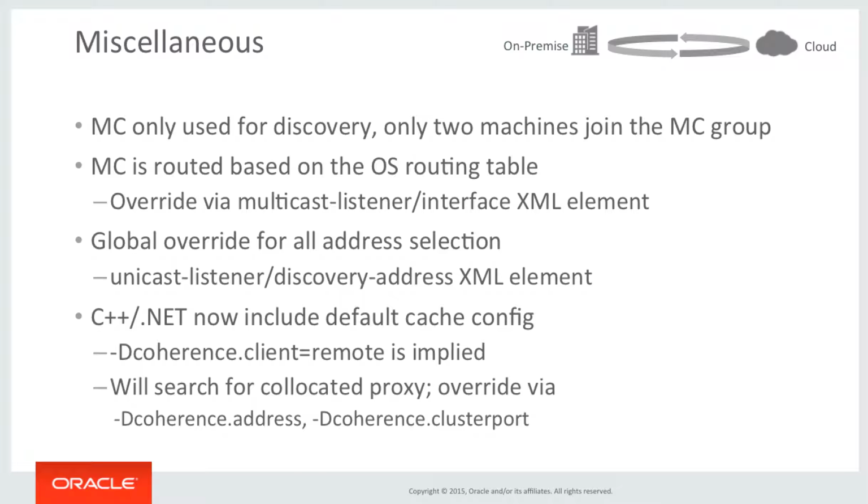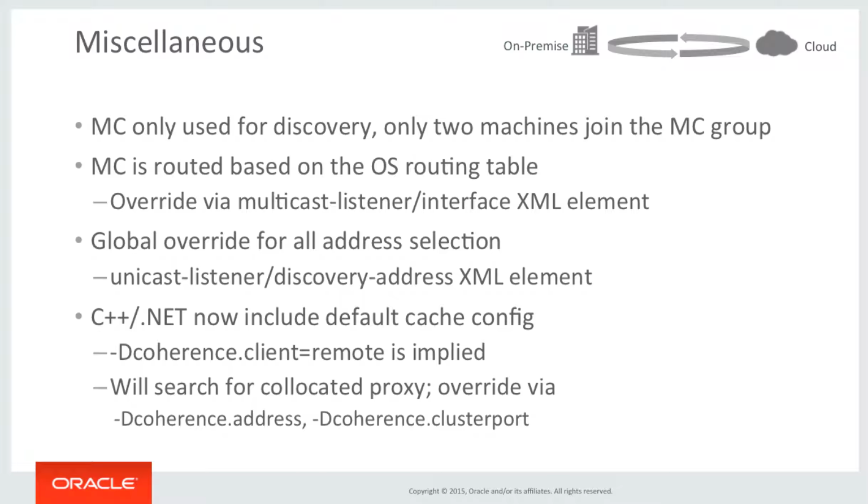The only real difference is that because we don't support C++ and .NET cluster members, the coherence.client system property is implied. It can only have one value of remote, so they will always try to connect in through a proxy. And you can use system properties of coherence.address and coherence.clusterport to tell them where to look for a cluster member.